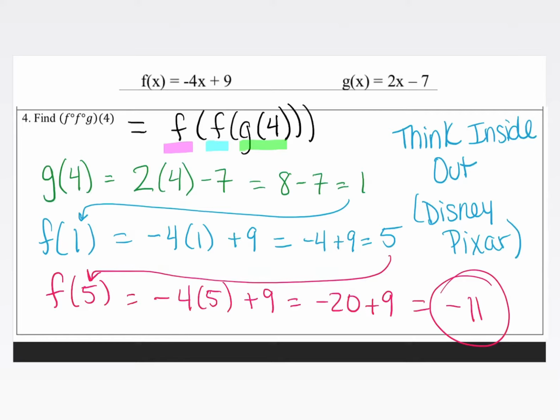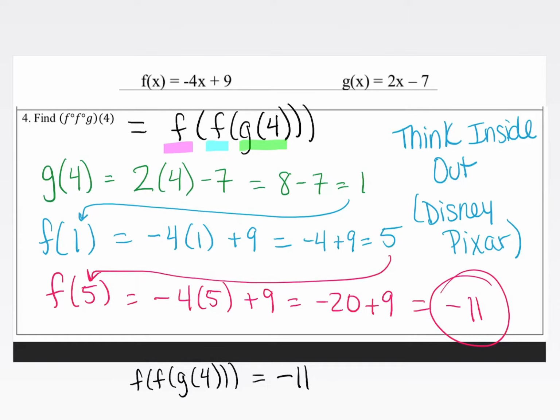This gives us our final answer. So f of g of 4 equals negative 11.